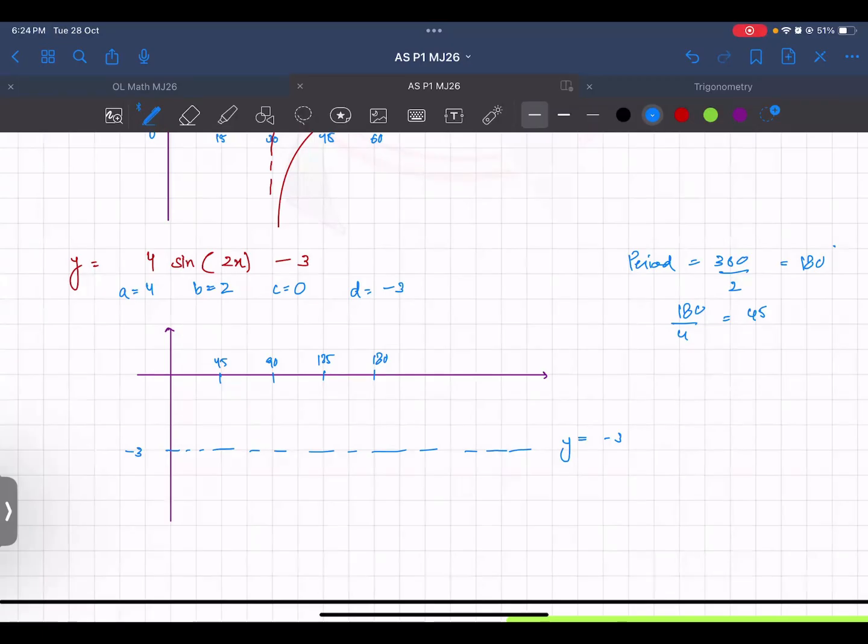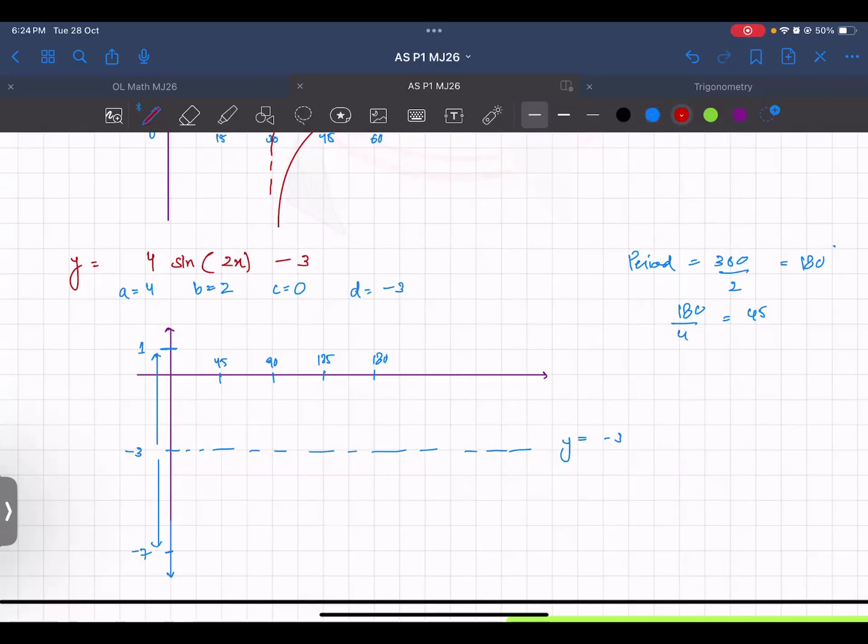Then amplitude is 4, so minus 3 plus 4 will be 1, and minus 3 minus 4 will be minus 7. And we have plotted everything, and this is sine.